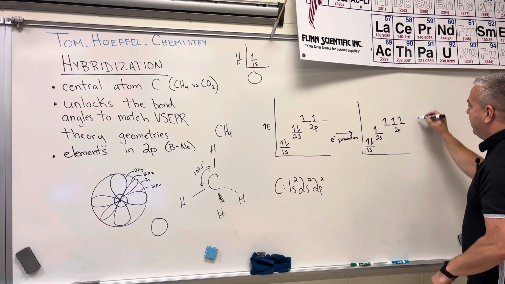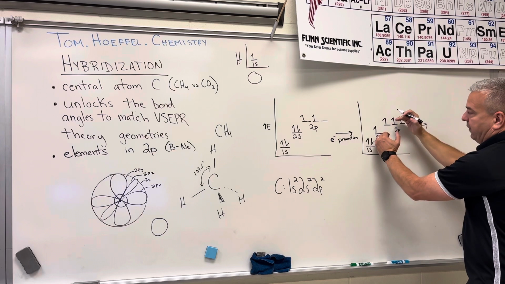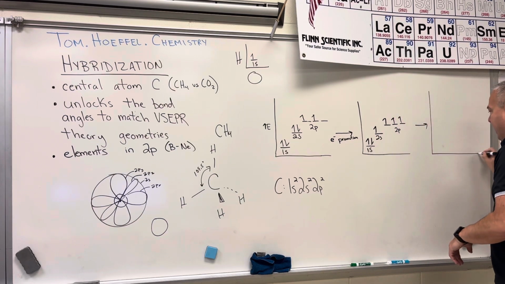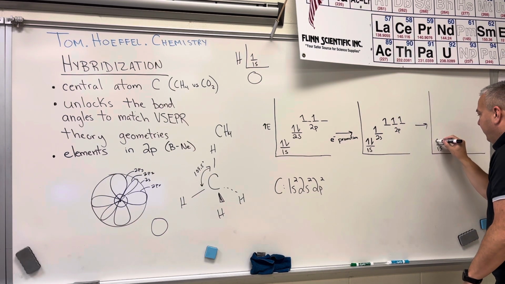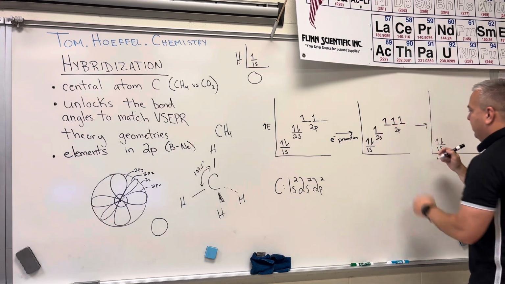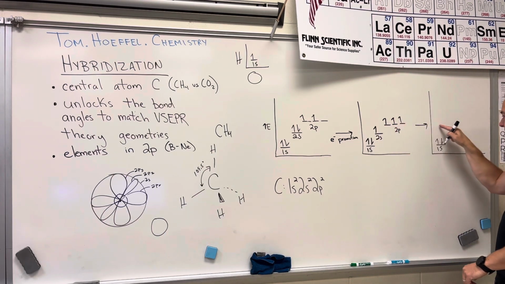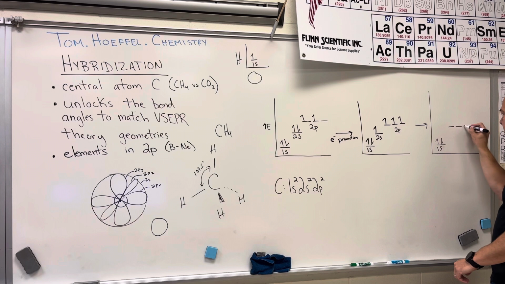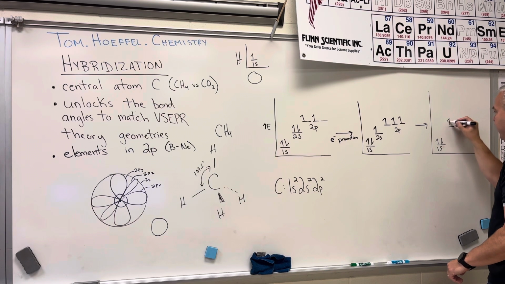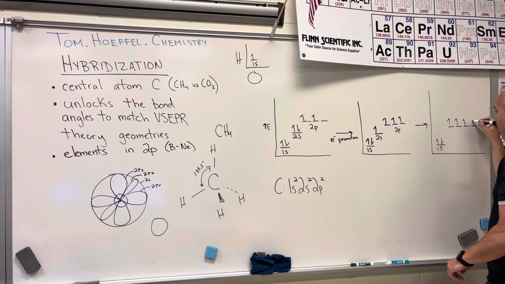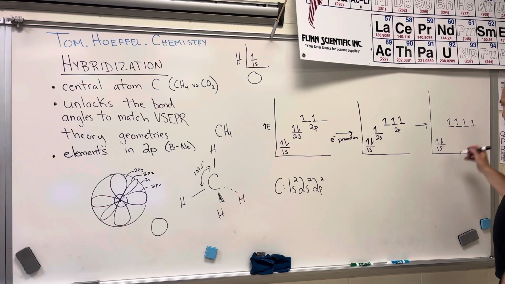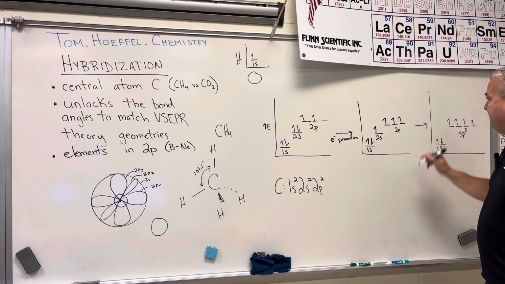Instead of having 2 different energy levels, I'm going to have them all at the same energy level between the s and p, right here in the middle: 1, 2, 3, 4. Now I have 4 energy levels that are all the same, and we're going to call this sp3 hybridization.